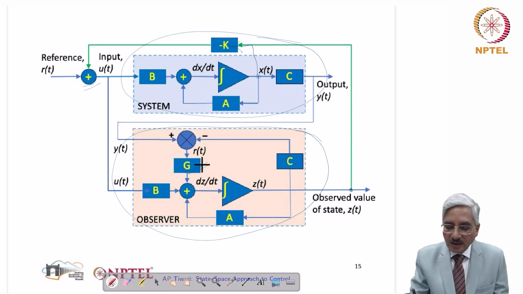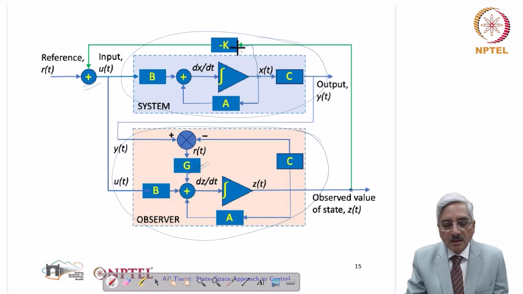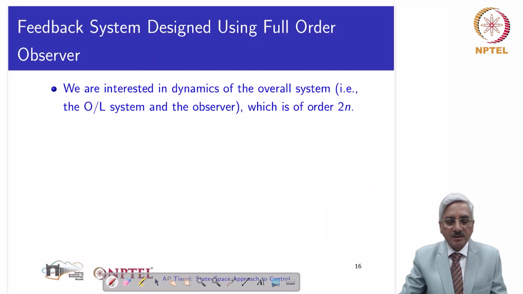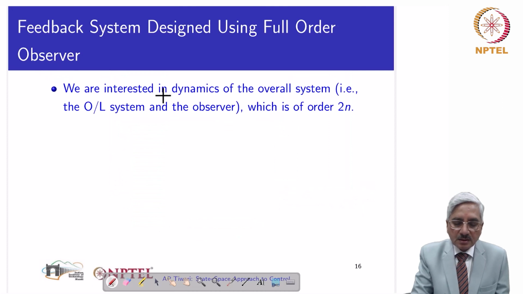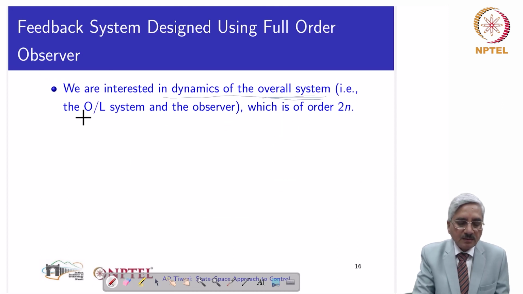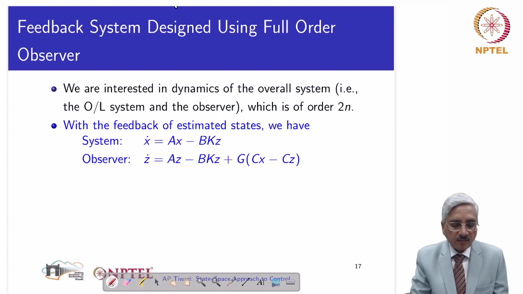But then when we have made the connection from here to K, then we have to actually see how it behaves. So we have to see the dynamics of the overall system, which comprises the open loop system and the observer, which is of order 2n, and the feedback of estimated state.